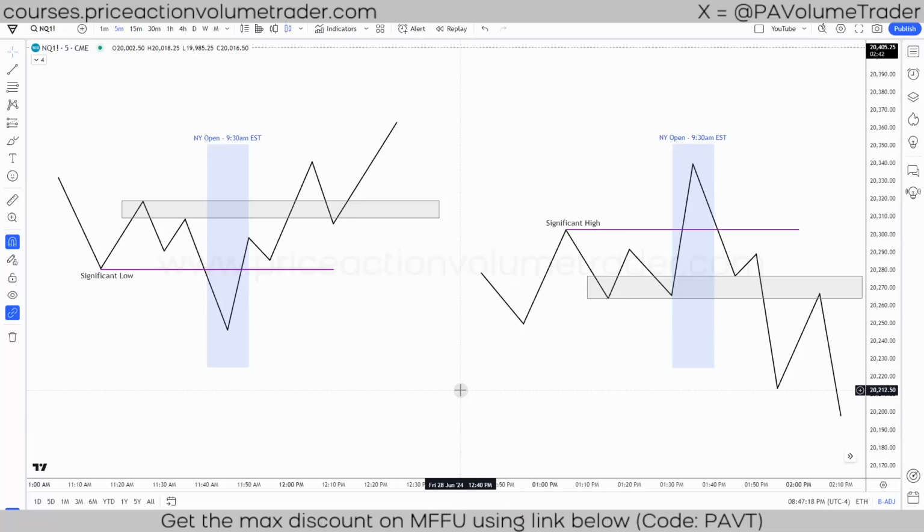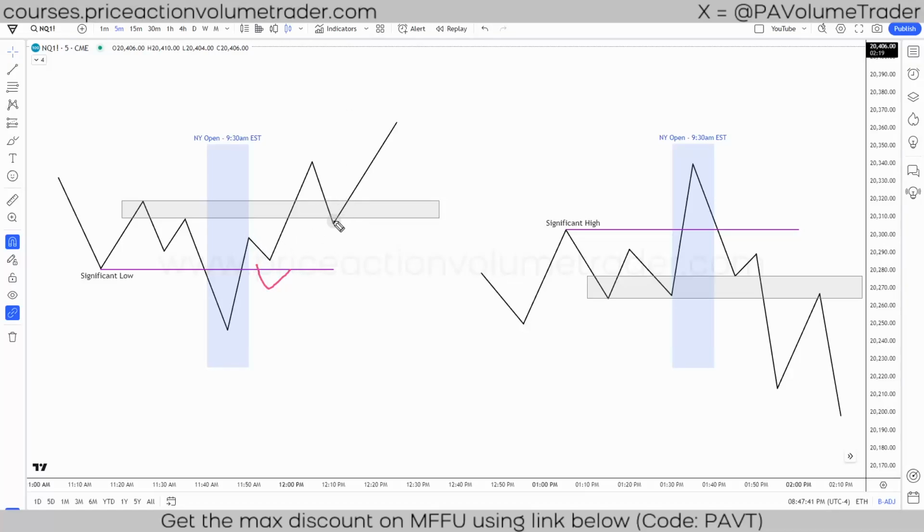So basically what I'm looking for is just a false break. I either want to see price falling below some kind of important swing low or below a support level, and then come right back up, regain that level, and start holding above it.